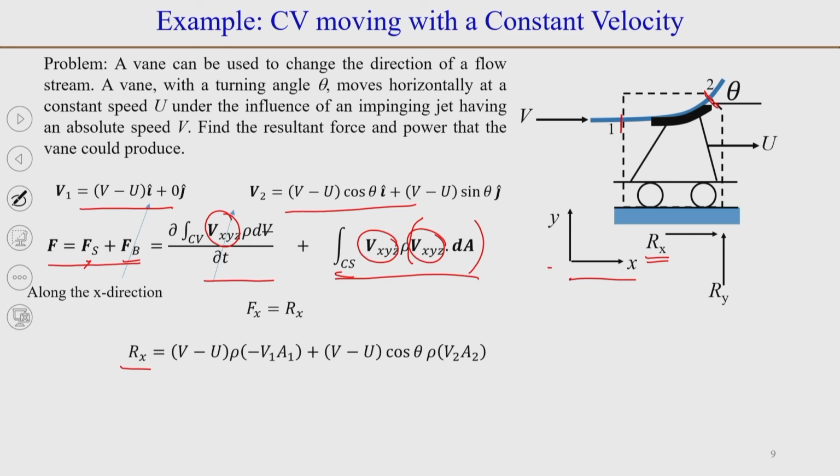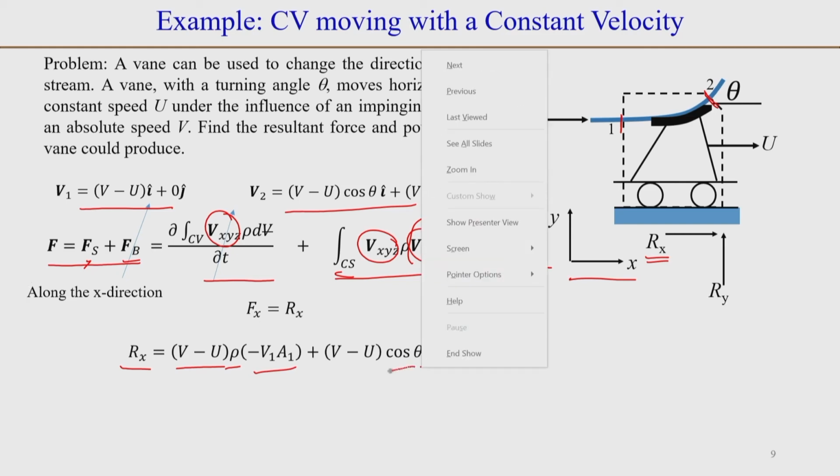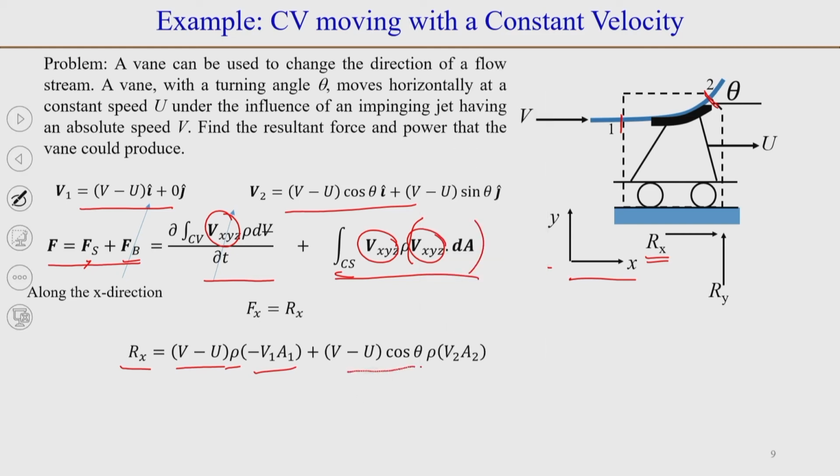So, at section 1, the x component of velocity is v minus u into rho, and v dot a is minus v 1 a 1. At section 2, the x component of velocity is v minus u cos theta into rho, multiplied by v 2 a 2.